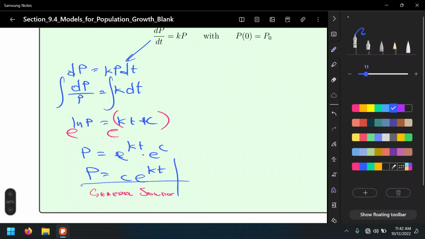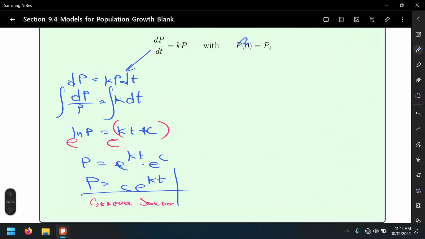All right, to get the particular solution, we're going to use our initial condition. This initial condition is essentially telling us that when t equals 0, the population is the initial population, the population at the beginning when we start making the experiment, the study.